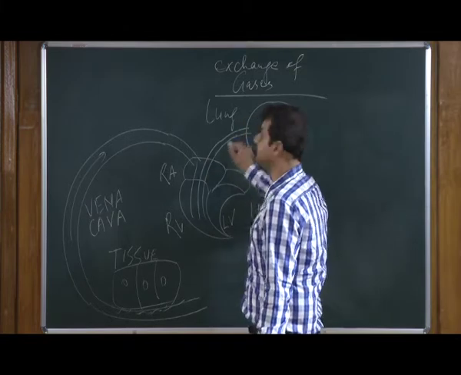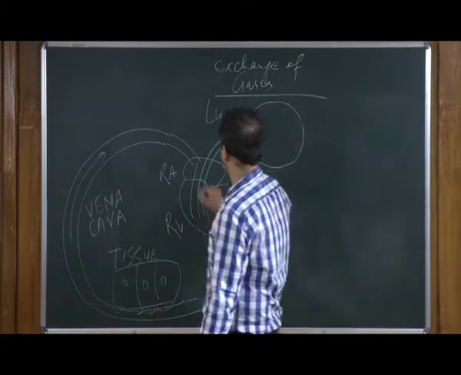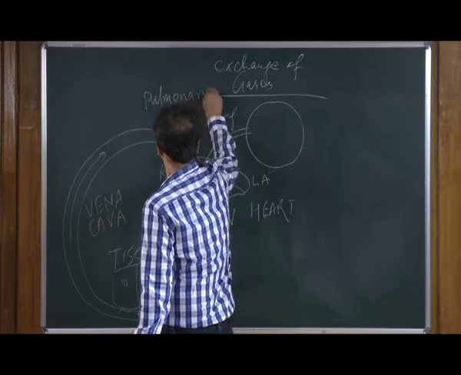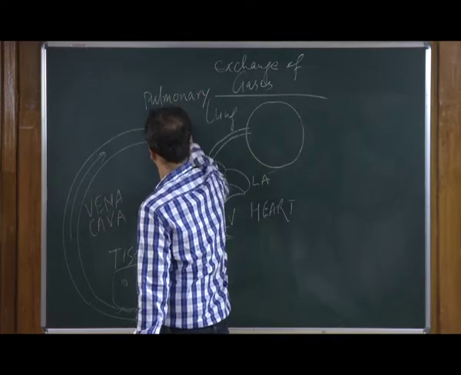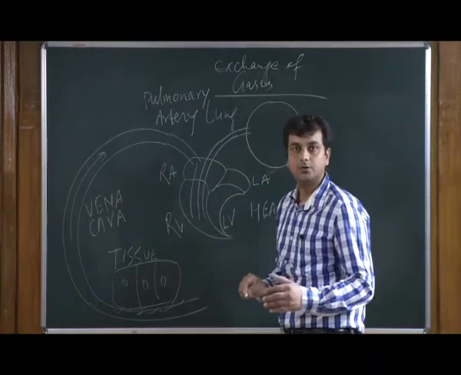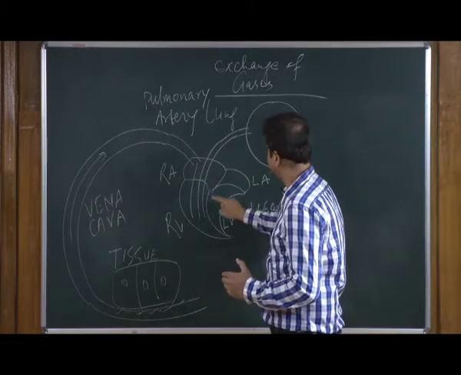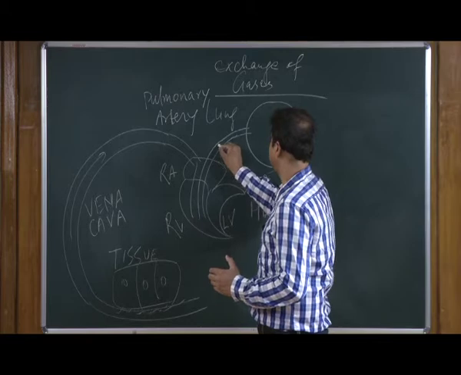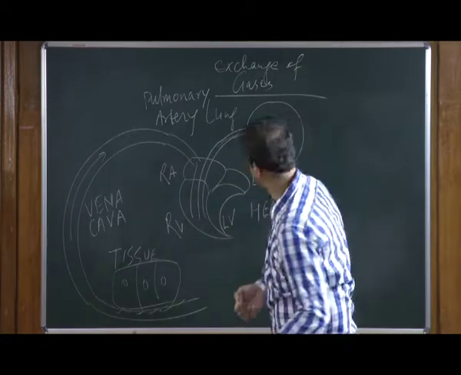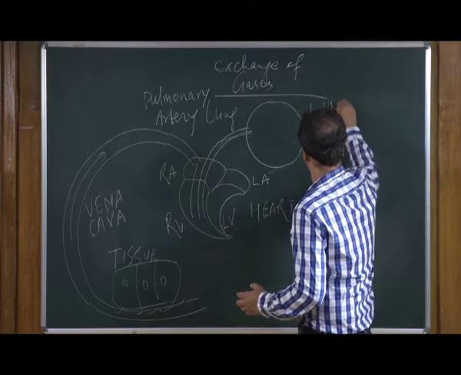pulmonary artery is coming out. So we can call it pulmonary artery. So this pulmonary artery is coming out from the ventricle and supplying the deoxygenated blood to the lung. So we are not summarizing here as alveoli, we will just call it lungs.